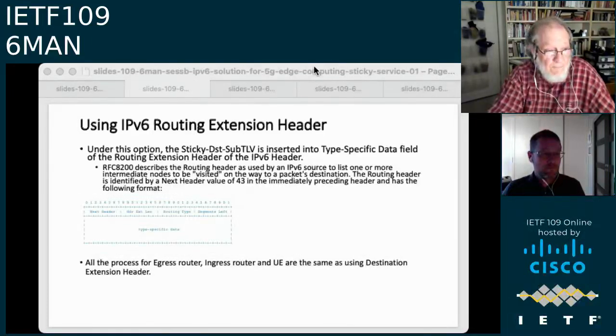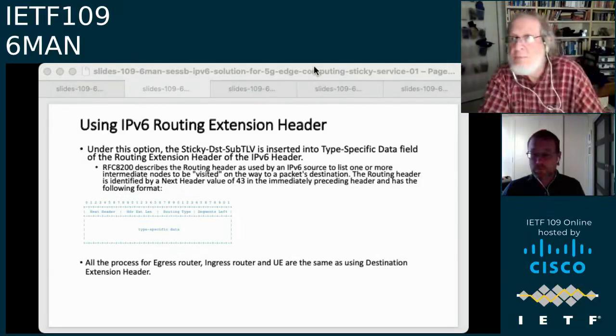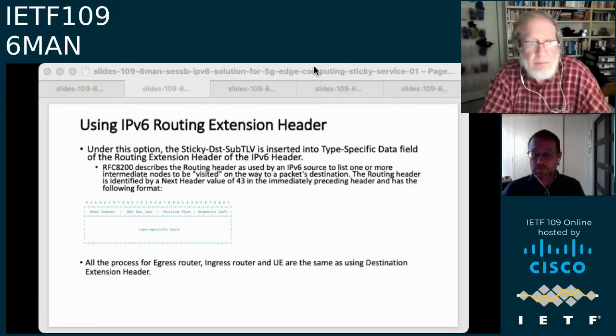So in this case, the egress router would be one of the nodes to be visited. We'd like to get some feedback. Is it okay, routing extension header versus destination extension header? Do people have any opinions on that?